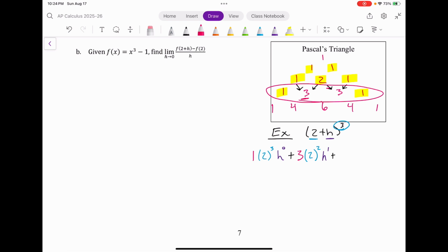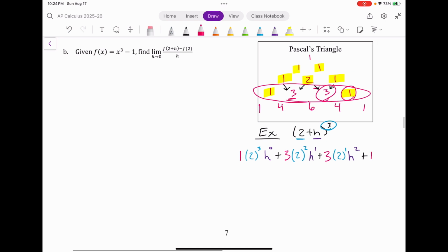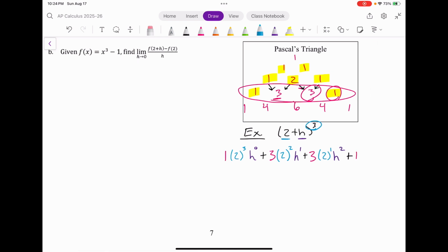So it'd be plus 3 times 2 to the first times h squared, plus 1 times 2 to the 0 times h cubed.